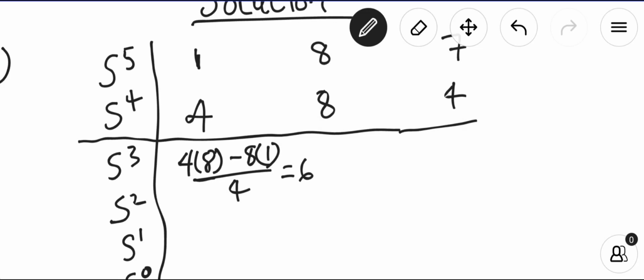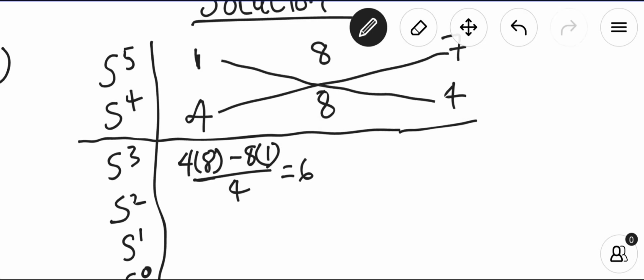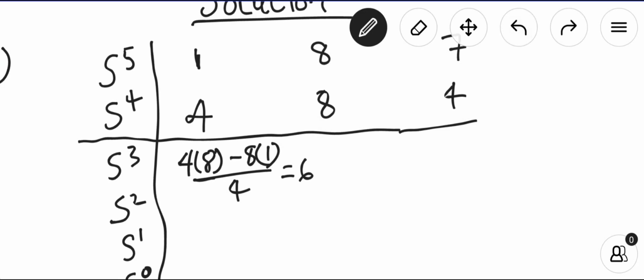And then for this second column, it will be 4 times 7 minus 1 times 4 divided by 4.